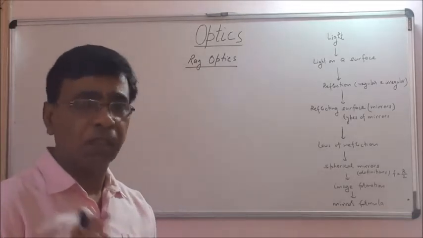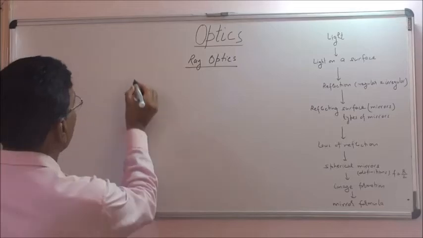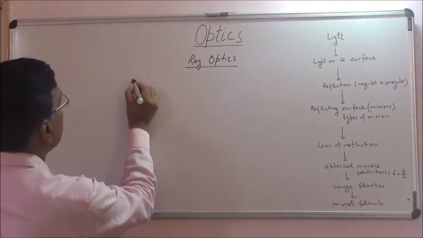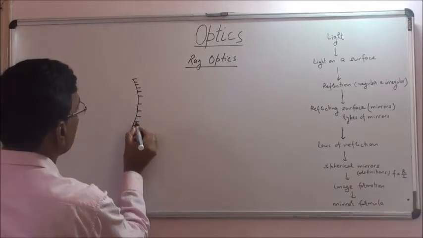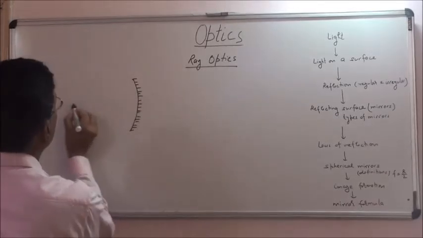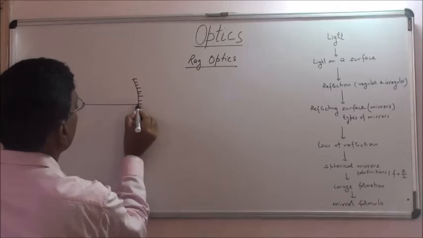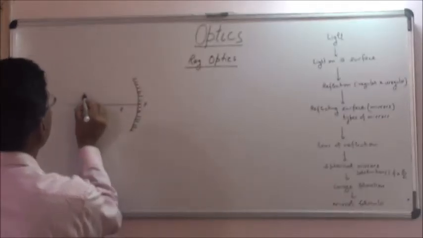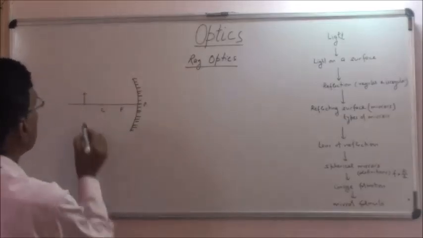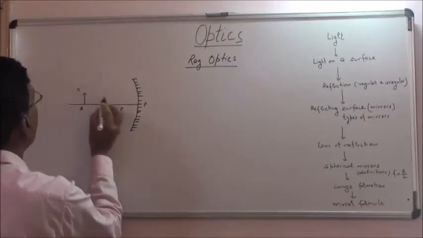This also you have done in class 10th, but again I am giving you few examples and others you draw yourself. For concave I will give you just 2 cases. This is pole, this is F, this is C. Suppose the object is here, AB.